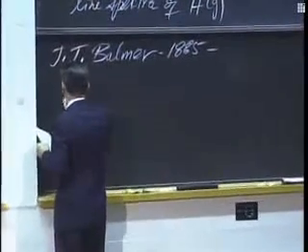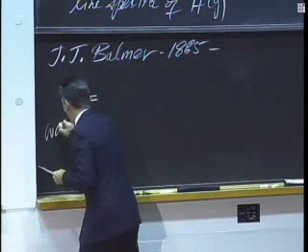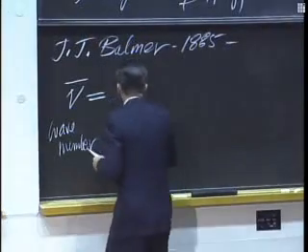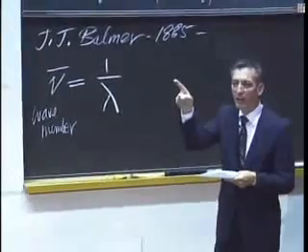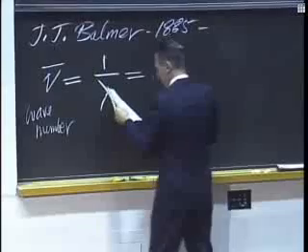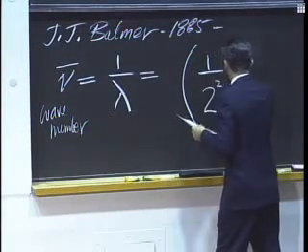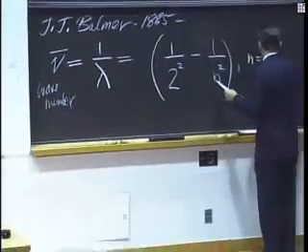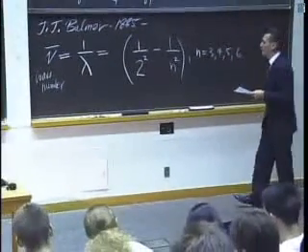He came up with the relationship that nu bar, which is called wave number, is the reciprocal of the wavelength. He coined this, but he found that by taking the reciprocals of those four wavelengths, they fit a numerical sequence: 1 over 2 squared minus 1 over n squared, where n takes values 3, 4, 5, 6.